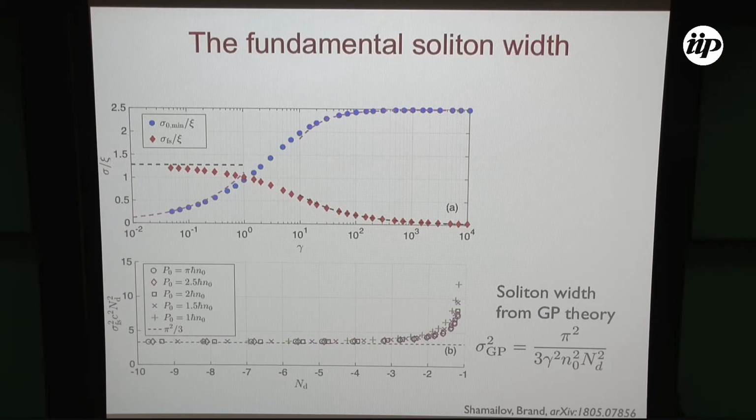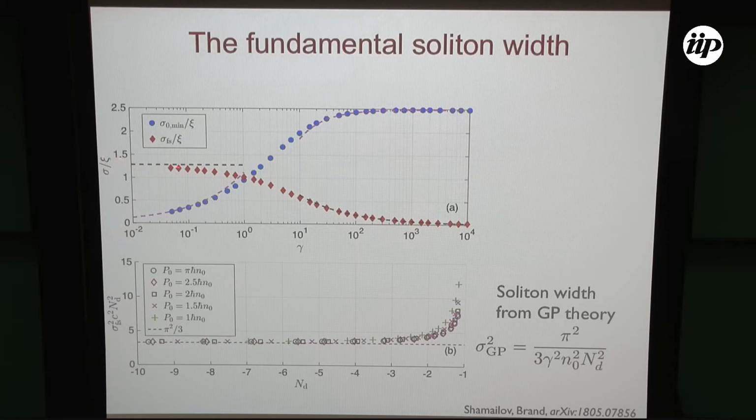Okay, now the fundamental soliton width is one of the parameters that we extract here, and it's shown here in red as a function of gamma, which is the interaction, the coupling constant of the Lieb-Liniger model. So for very small gamma, what is recovered is the healing length, with a prefactor that comes just from the way that we've defined this width parameter.